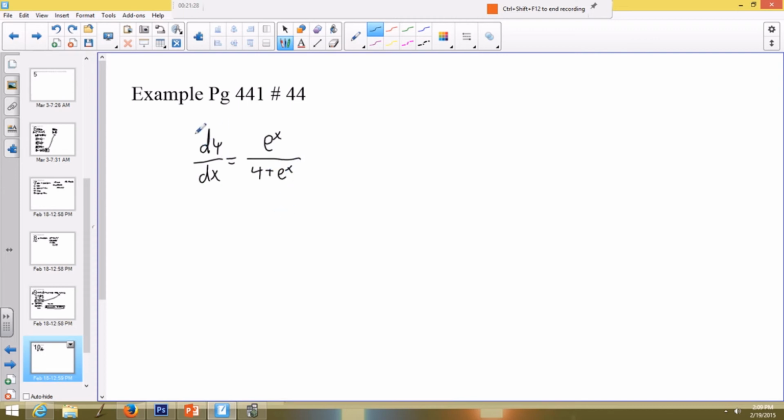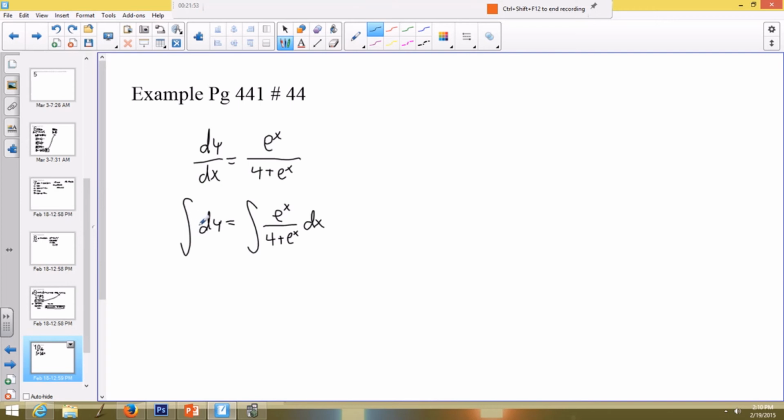Again, and I'm using a term for the next section, I'm going to separate my variables. I'm going to have dy equals e to the x over 4 plus e to the x dx. And we are going to integrate both sides.